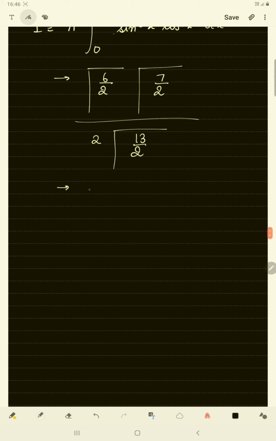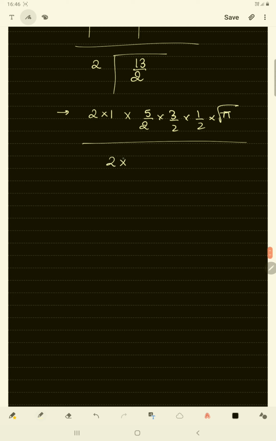Just solving this, we can cancel out and get a 3 over here. So 2 into 1 into 5 by 2 into 3 by 2 into 1 by 2 into under root pi, upon 2 multiplied by, now 13 we can write as 11 by 2 into 9 by 2 into 7 by 2 into 5 by 2 into 3 by 2 into 1 by 2 and under root pi.